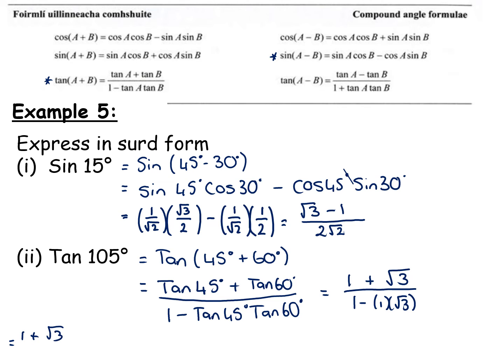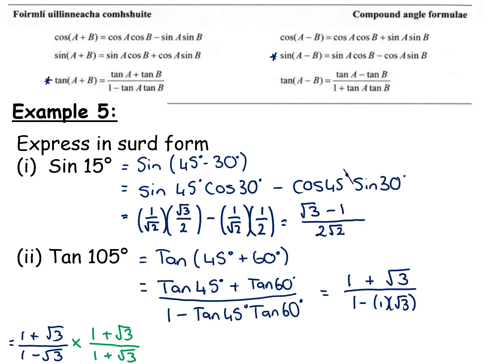Now, technically, this is not a good way to leave this. It'd be okay if we had a surd as one term underneath, but this mix of rational and irrational numbers is not great. So what we're going to do is rationalize the denominator. To remind you, rationalize the denominator is where you multiply above and below by the conjugate of the denominator.